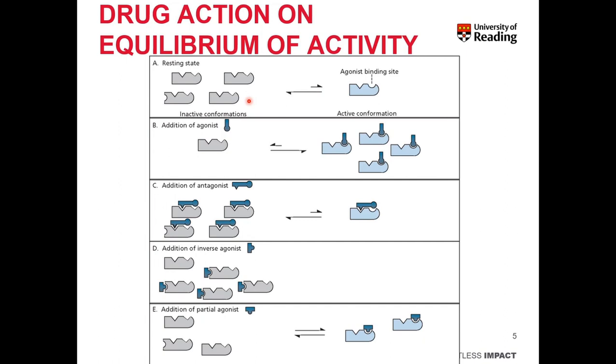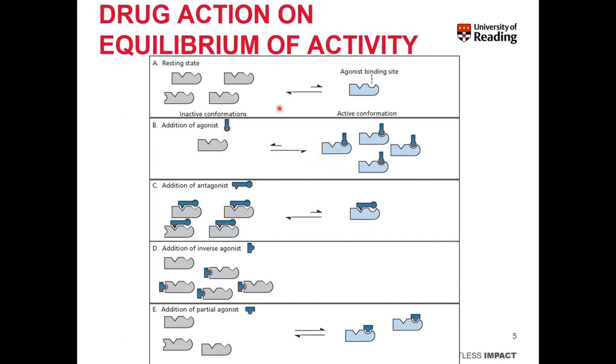And so receptor activation is almost always a function of equilibrium. We will have, in a natural population, in the absence of agonists, antagonists, partial agonists, and inverse agonists, a small population of active receptors, but the majority will be inactive. If we add a partial agonist, we increase the population of active receptors, and if we add a full agonist, we drastically increase the population of active receptors.